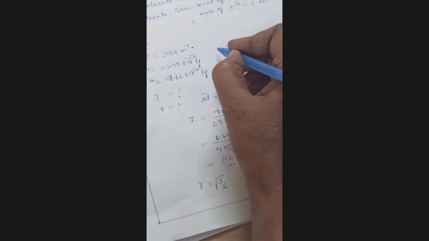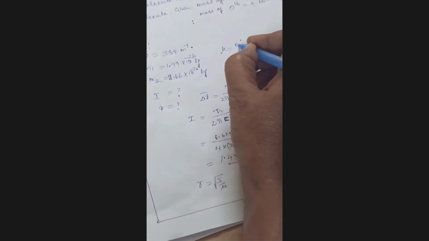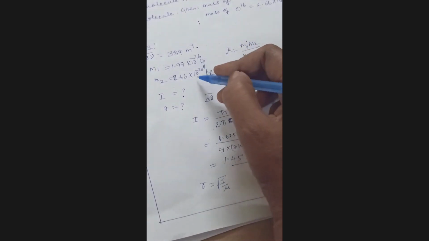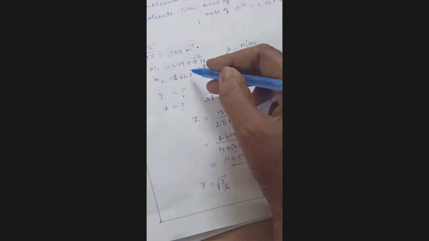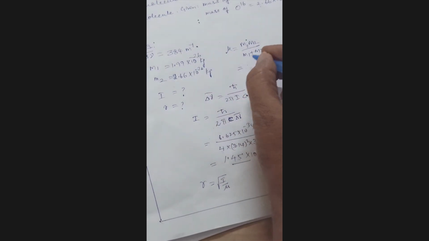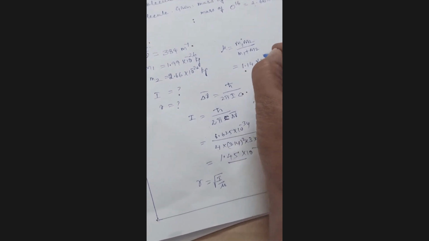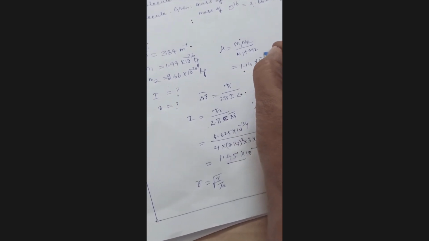Again, as usual, mu can be calculated as m1 m2 by m1 plus m2. It is given in kgs. You do the calculation. After substitution, simplification gives 1.14 into 10 raised to the power minus 26 kgs. This is the value of mu.